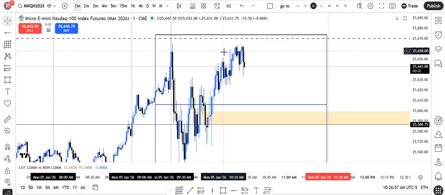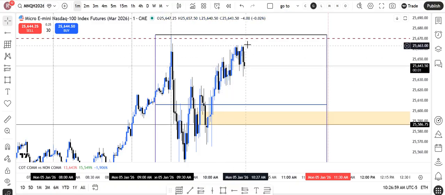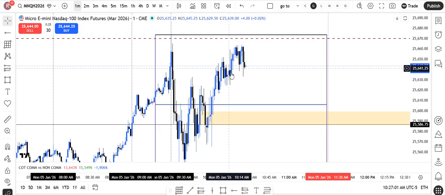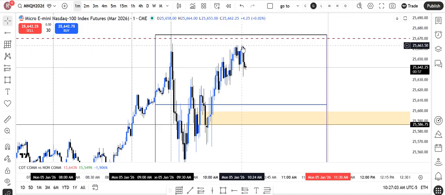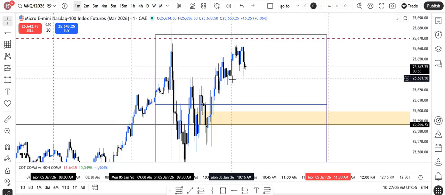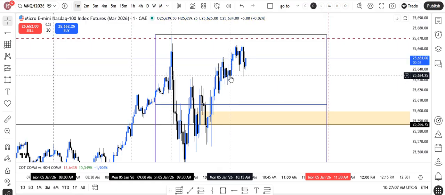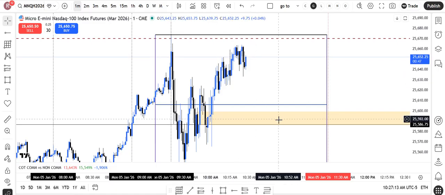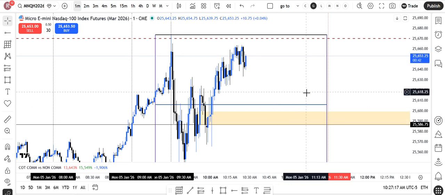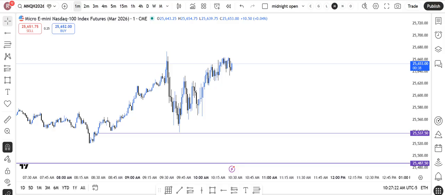We also have a breaker right here. High, low, higher high. So which candle is it? It's like this candle right there. I think we're back down into the high of the opening range as well.